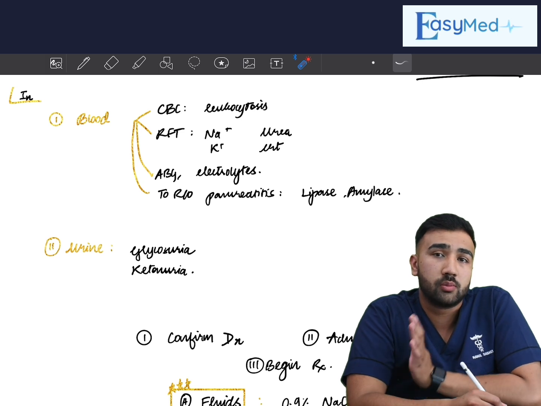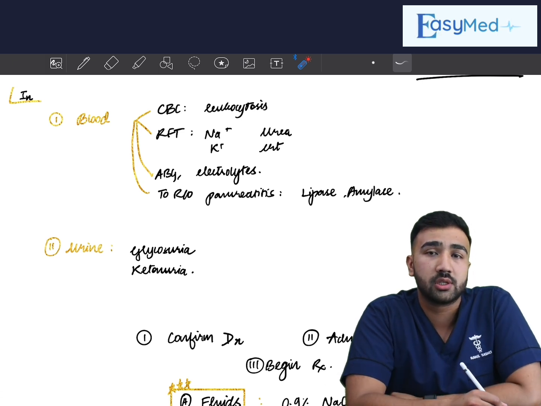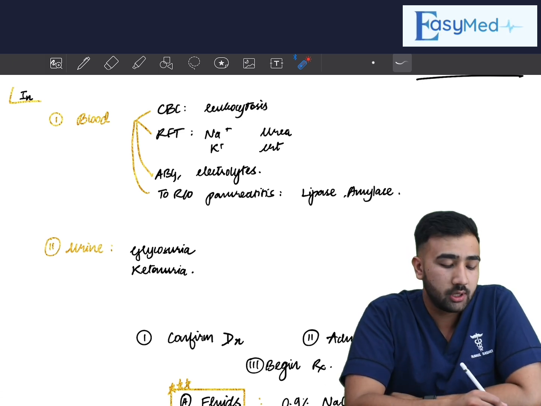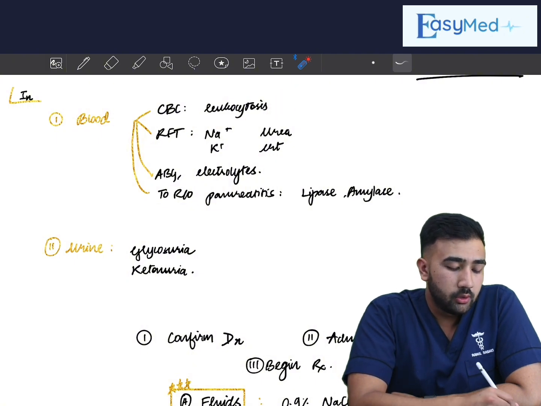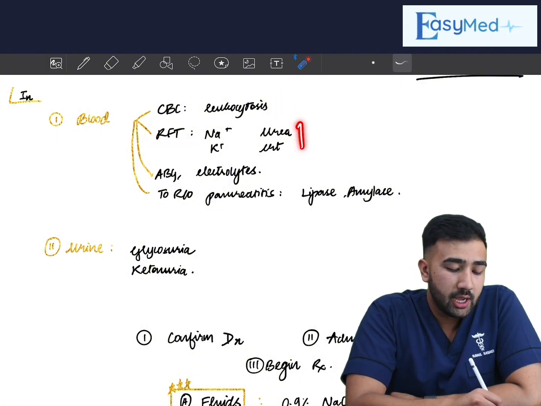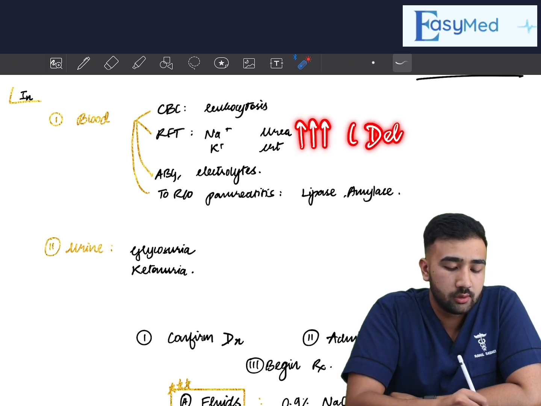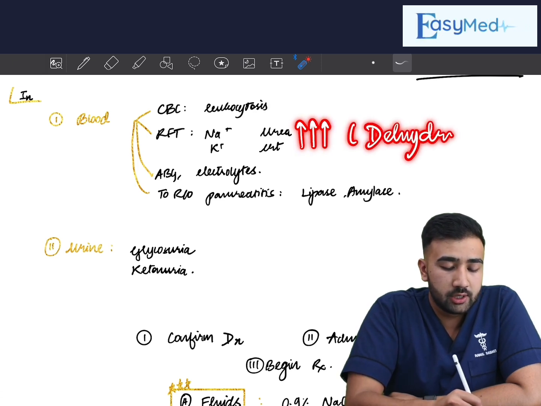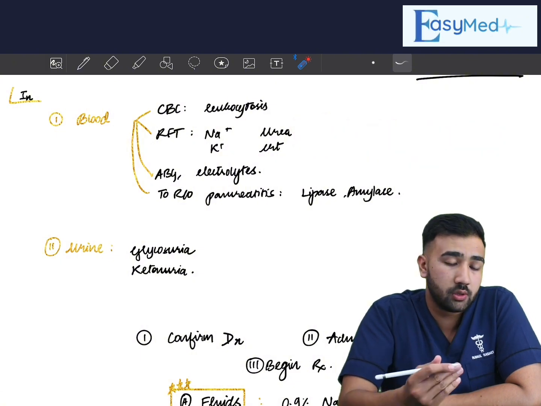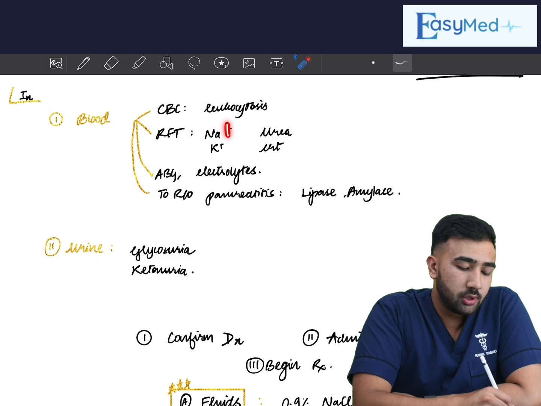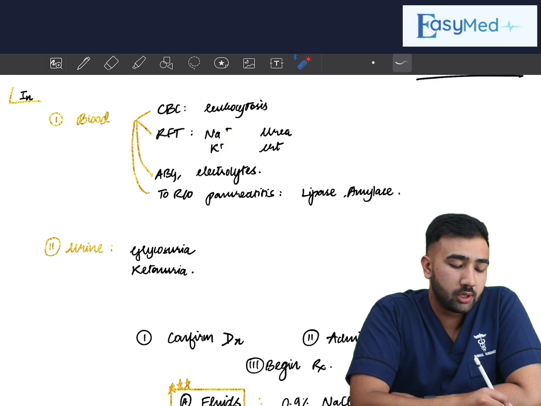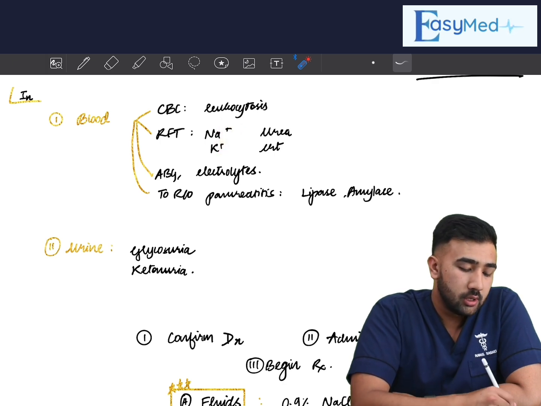Usually, the most common precipitant of DKA is infection, and therefore leukocytosis is the most common finding. Talking about the RFT, the urea and creatinine are both raised, and this is due to the dehydration. Sodium and potassium values may be altered in different cases.